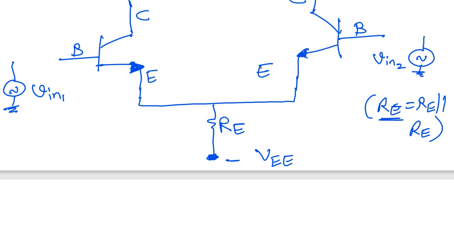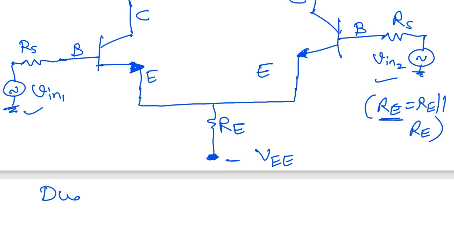Now this voltage source will have some source resistance RS, which is a very small value. It is not base resistance, it is source resistance associated with this voltage source. So here is the dual input. Both the inputs we have taken.